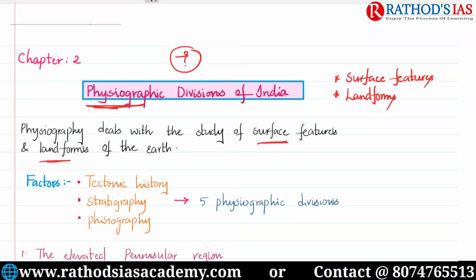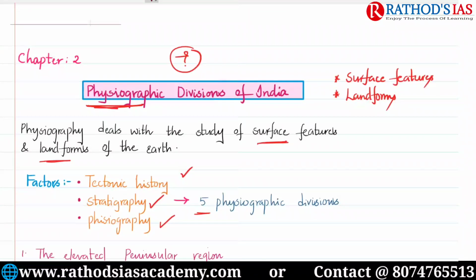So what are the factors which mainly affect physiography? There are 3 important factors: first one is tectonic history, next one is stratigraphy, and third one is physiography. Mainly on the basis of tectonic history, stratigraphy and physiography, India is divided into 5 physiographic divisions.